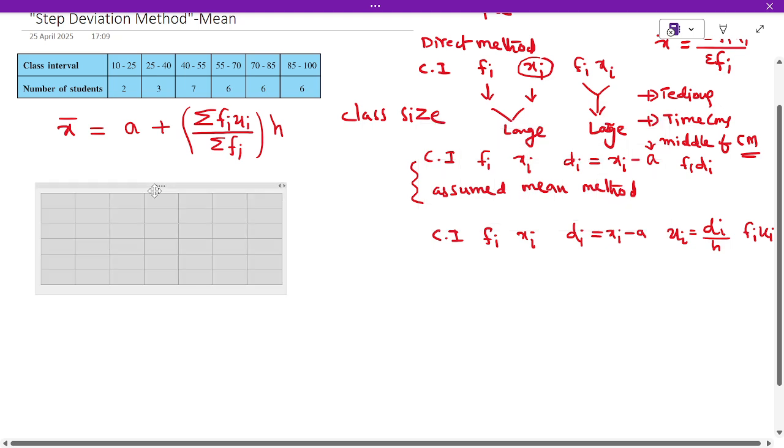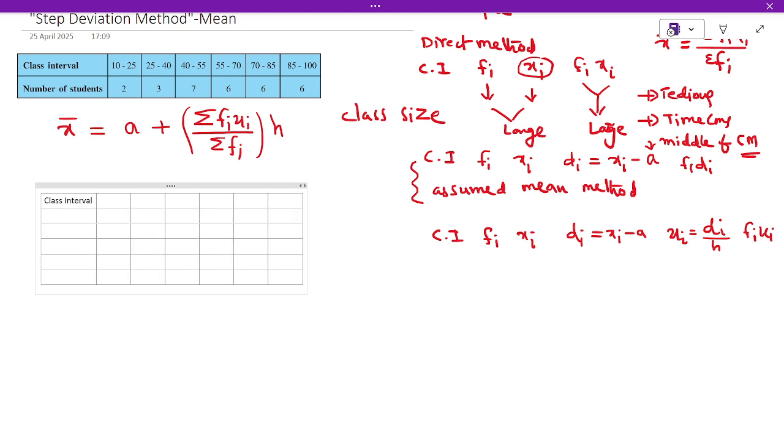Okay, yeah, so our numbers will remain the same. The first column is the class interval, so that will remain the same. Next we are going to keep the number of students, which is nothing but the frequency, right? That is denoted with fi.